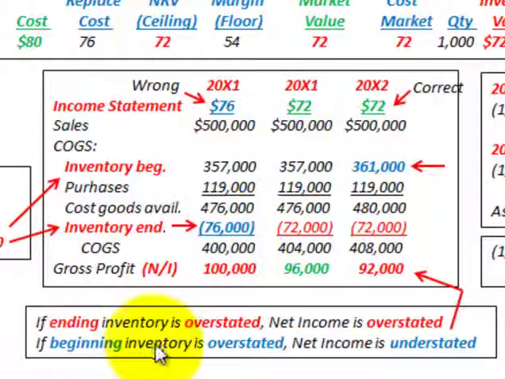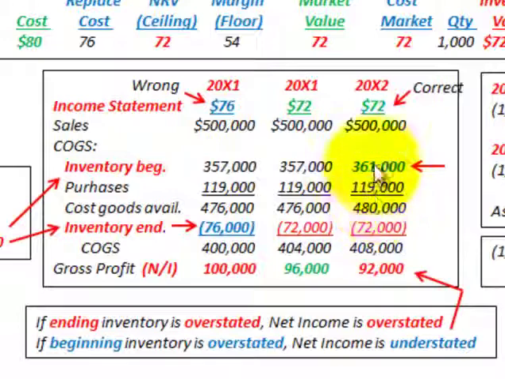Now, if the beginning inventory is overstated, the net income is understated. In 20x2, we overstated our beginning inventory by $4,000, and with all other items constant, our gross profit or net income was $92,000 versus the correct $96,000. So you can see we're understated. Beginning inventory is overstated, and our net income is understated.